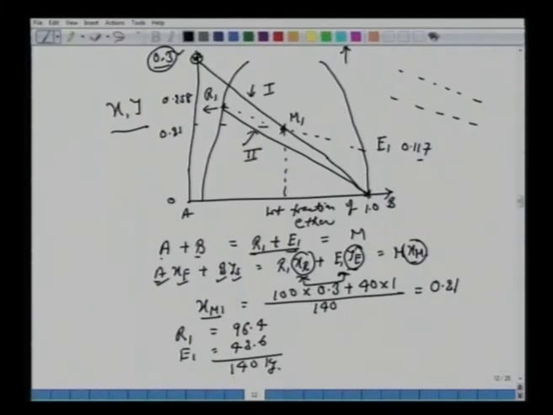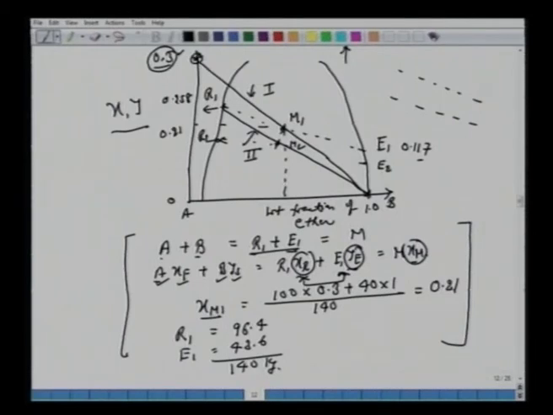Let's just plot here the 3 stages' compositions. So we have A, let's say this is B, 0, 1.0, this is 0.3. We have this equilibrium curve like this. We connected the first stage.